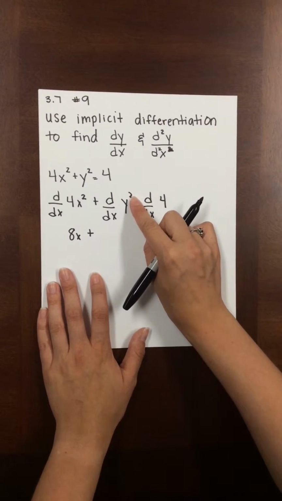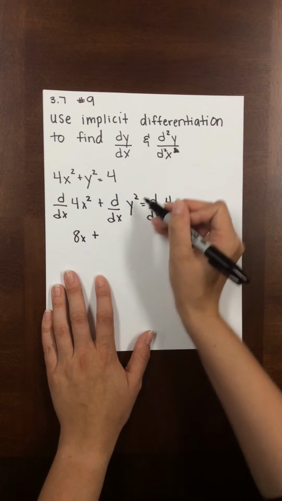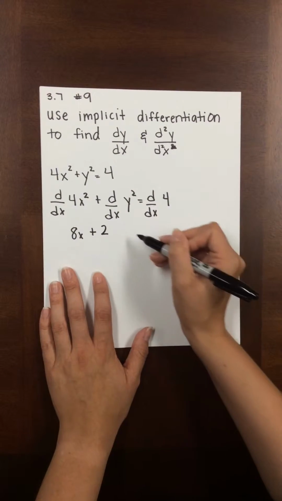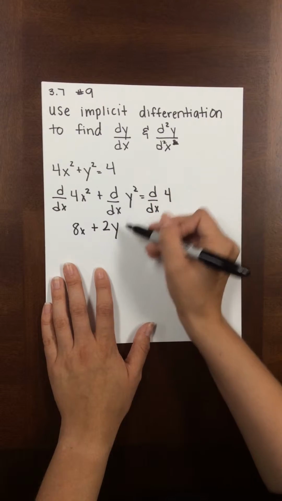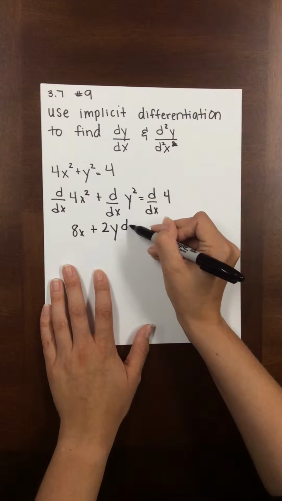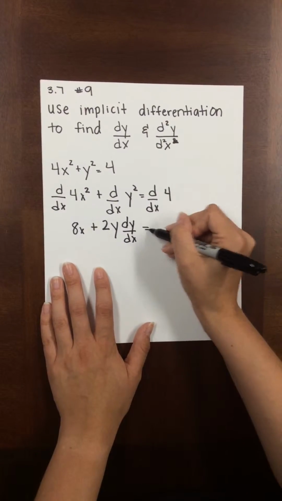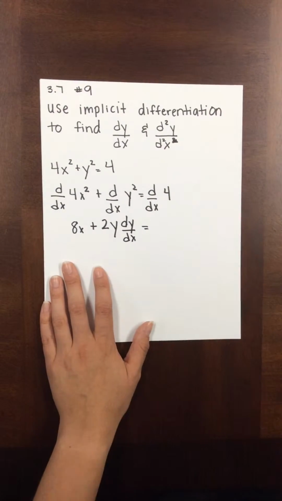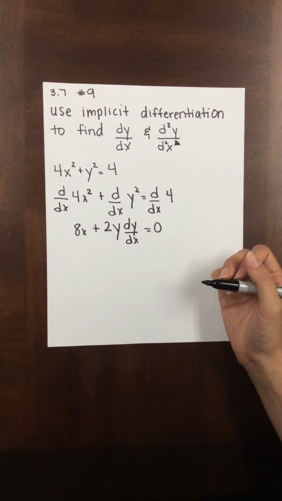When we have something squared, we bring the coefficient down. So we have 2 times y times the derivative of y, which I write as dy over dx, equal to the derivative of 4, which is just 0. The derivative of any constant is 0.